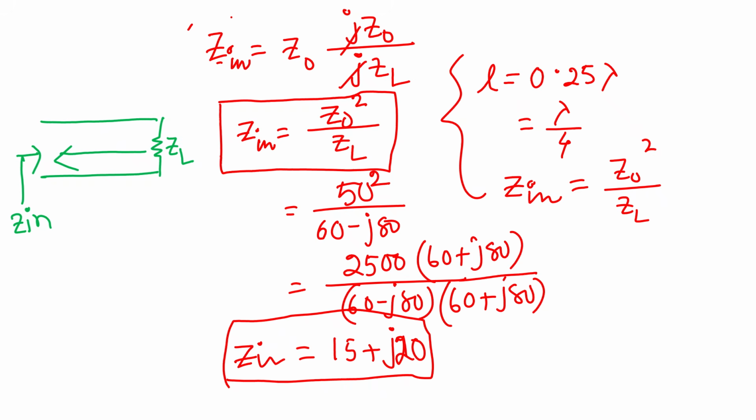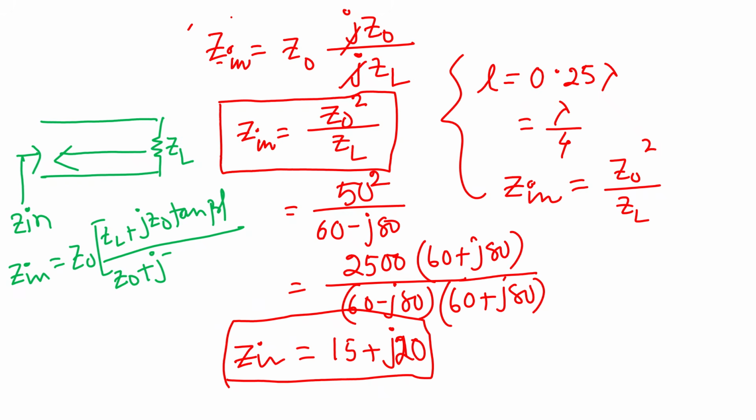So for example, the formula for a lossless line gives me Z in equals to Z naught into ZL plus jZ naught tan beta L divided by Z naught plus jZL tan beta L.